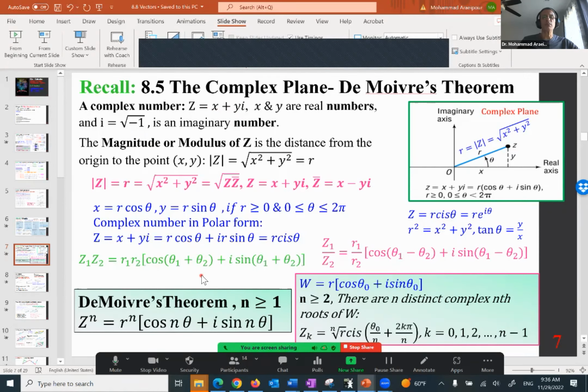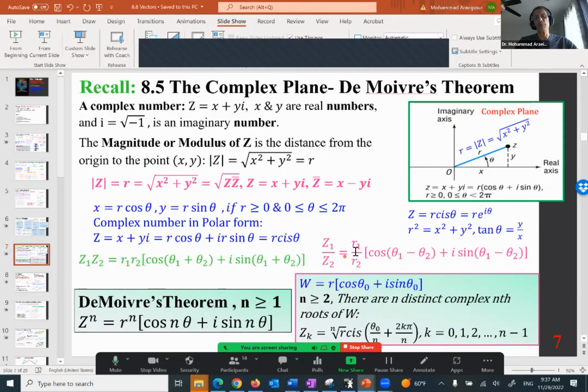In the case of multiplication, when we multiply two complex numbers, we multiply their magnitudes and then we add up the arguments. So cosine of theta 1 plus theta 2 plus i sine of theta 1 plus theta 2.